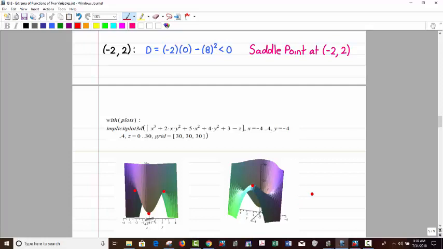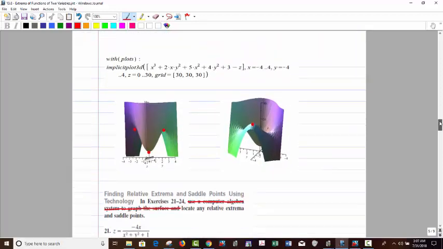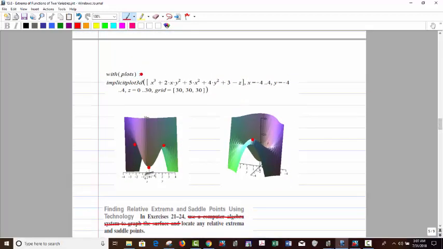In fact, I guess I could check the coordinates also. Now I had to rotate the axis around, so it's kind of weird here. But the max was at -10/3, 0. So let me zoom back in on this for just a second. Then I'll move on.